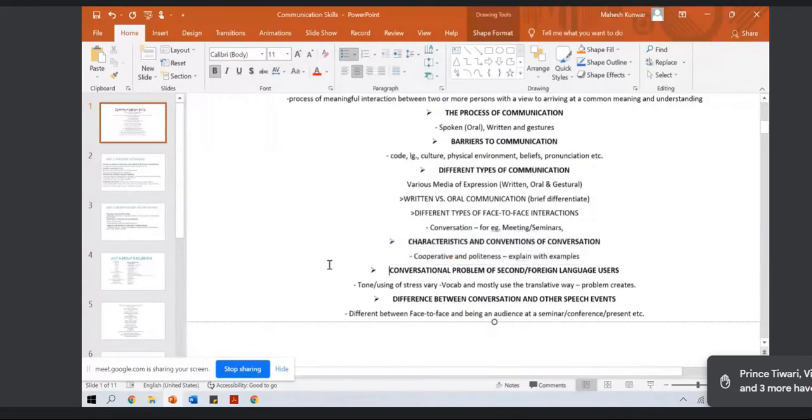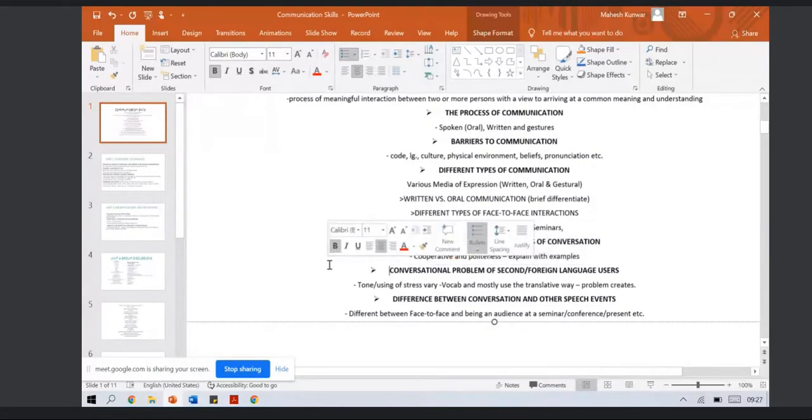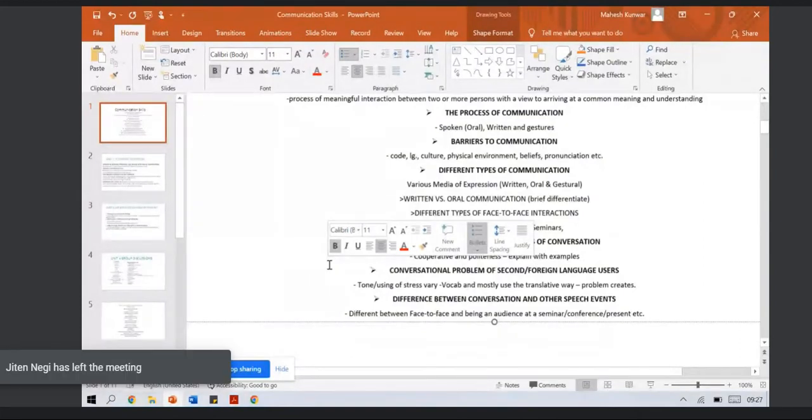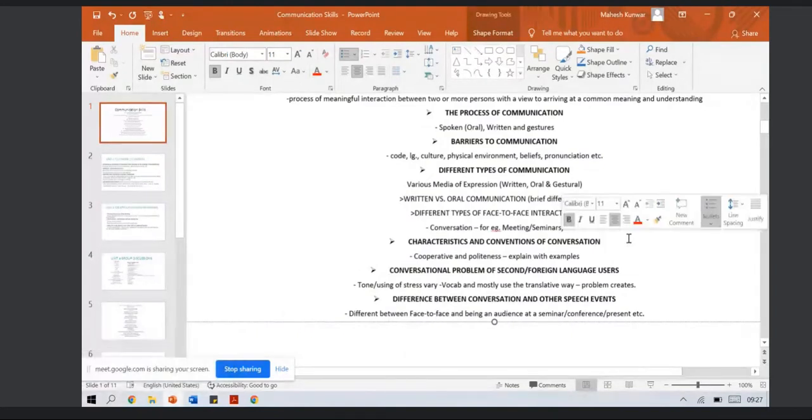Another process of communication is conversational problems of second or foreign language users. While we are communicating in other than our native language, we may have problems like tone and the use of stress. Stress makes our accent different.